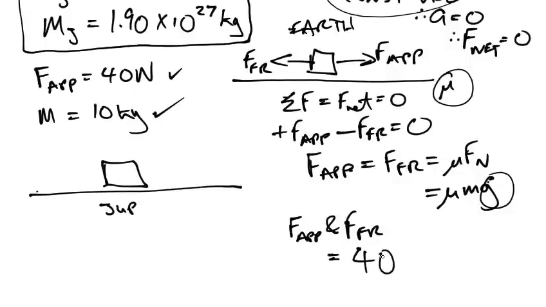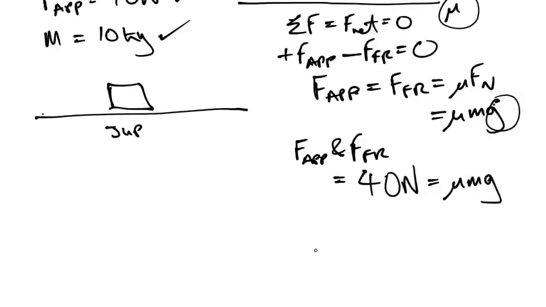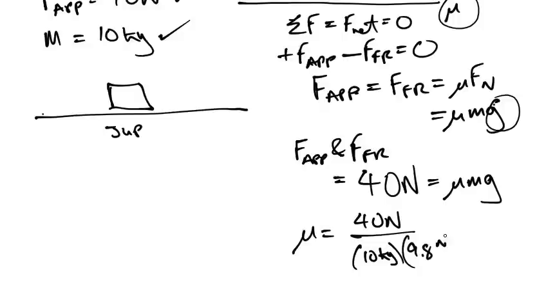So we say that's 40 newtons. Now that's going to equal mu mg. Let's solve for mu. So mu is going to equal 40 divided by mg, which is 10 times 9.8 newtons per kilogram.